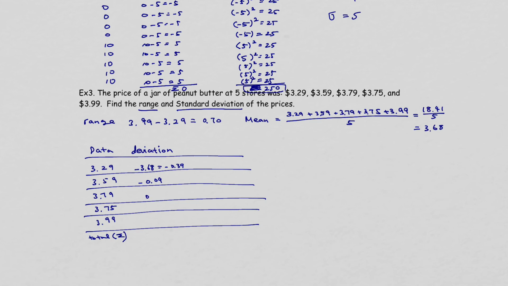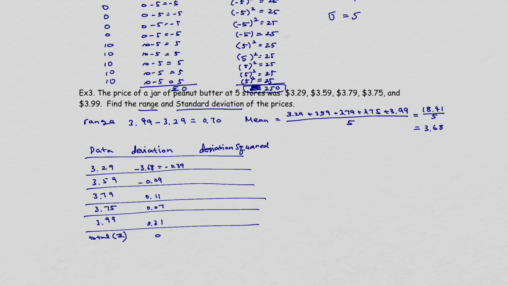And you have 0.11, you have 0.07, and then you have 0.31. So for deviations, remember I said half will be negative, half will be positive, so when you add them, it will always be 0. So in order to work with these deviation values, you need to square them, so that you can get rid of that square later using square roots.